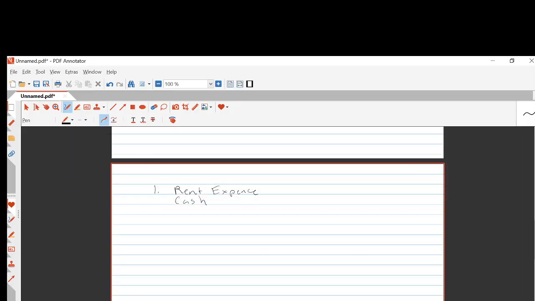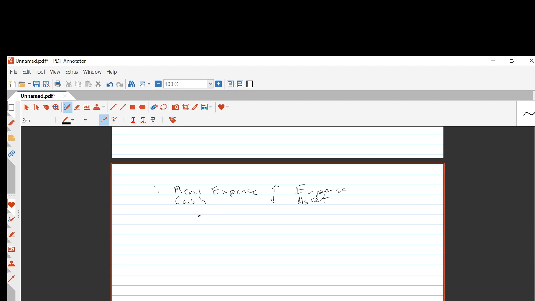And for each account, identify what type it is, or identify does it go up or down. Rent expense should go up, cash should go down. Rent expense is an expense. Cash is an asset. And then we use the rules of debit and credit from the video.